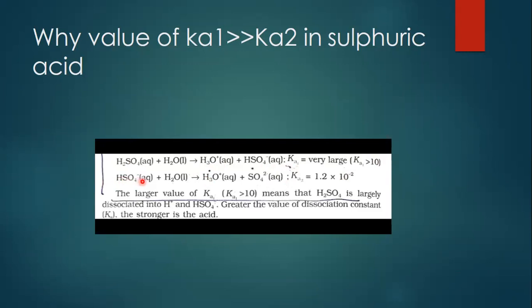In the second step, when the second hydrogen has to be released to form a hydronium ion, the value is very low, because in the first step it releases hydrogen ion very fast. But in the second step, removal of hydrogen from the ionic species is difficult. So the value of Ka2 is lesser. The larger value of Ka1 means sulfuric acid is largely dissociated in the first step, and the greater the value of dissociation constant, the stronger the acid.